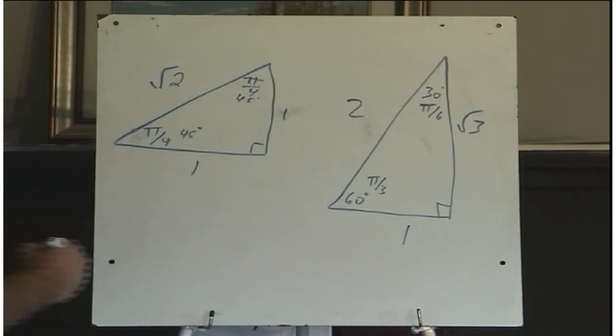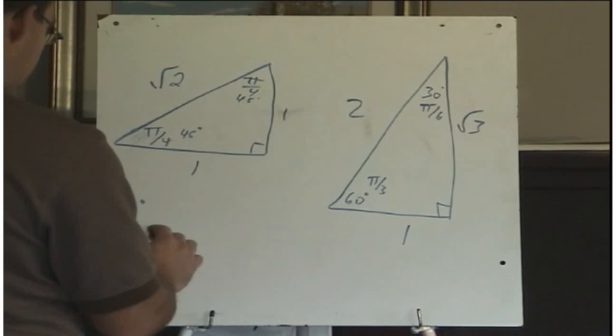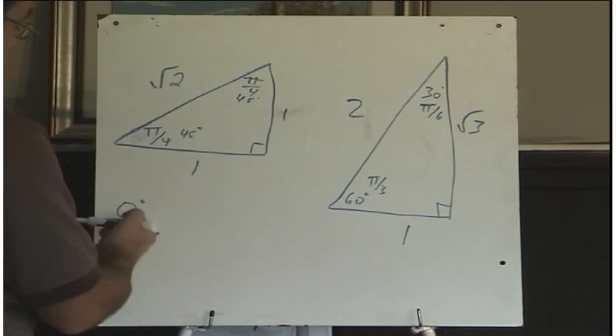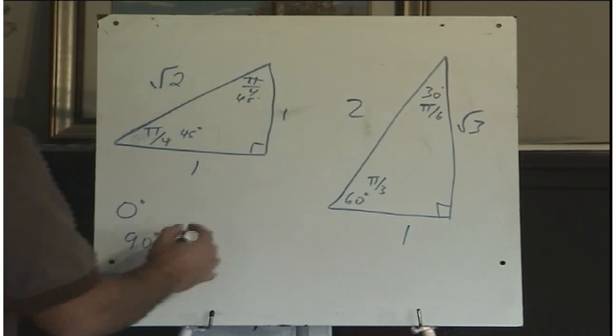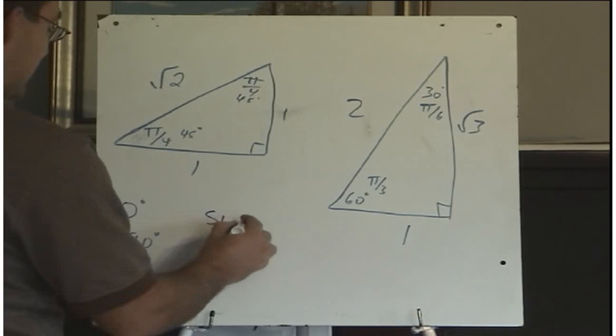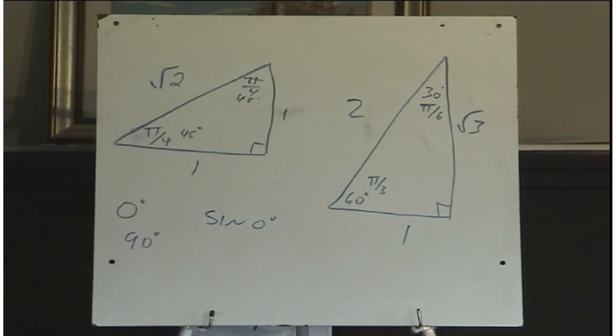The other angles that you said you needed to know were 0 degrees and 90 degrees. But for these ones, the sine, cosine, and tangent ratio are all going to be either 0 or 1 or undefined. So you can actually get these answers exactly on your calculator. You don't need a special triangle because the answers are exact.